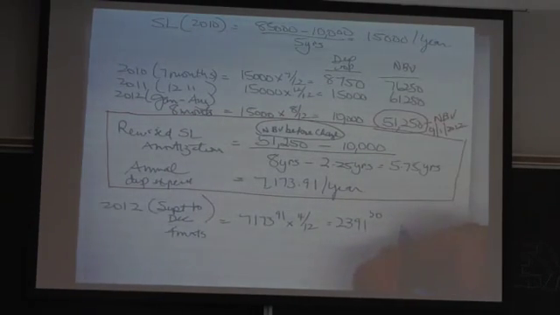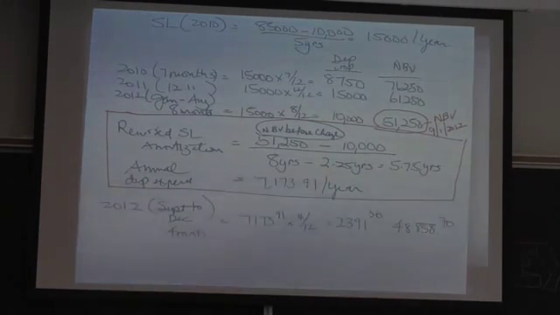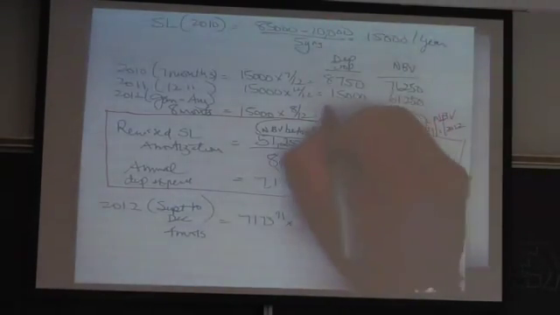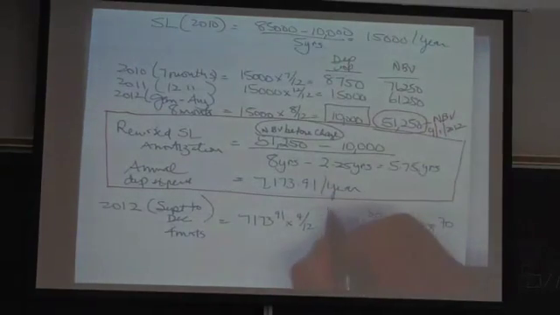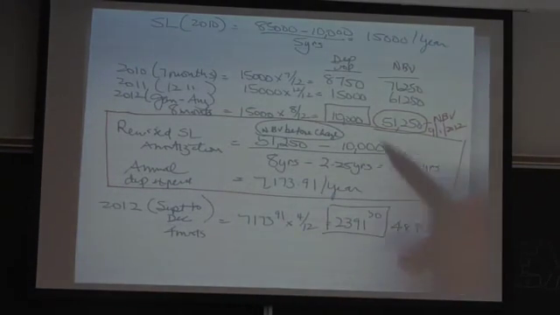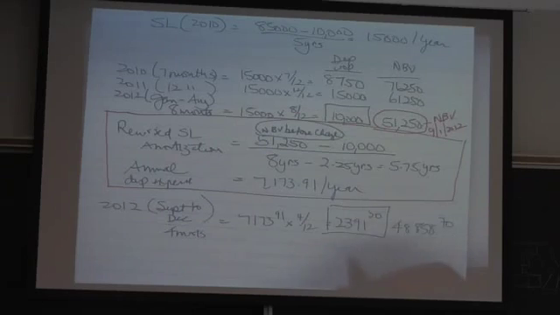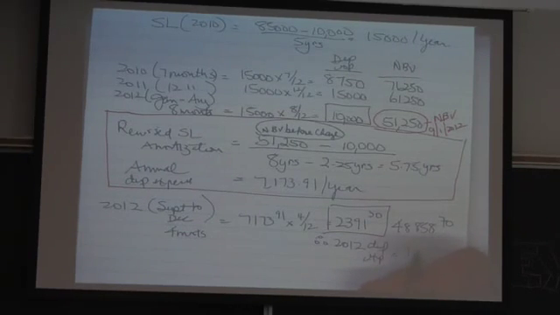So the net book value is 48,858.70. The total 2012 depreciation expense is the sum of 10,000 and 2,391.30, which is $12,391.30.